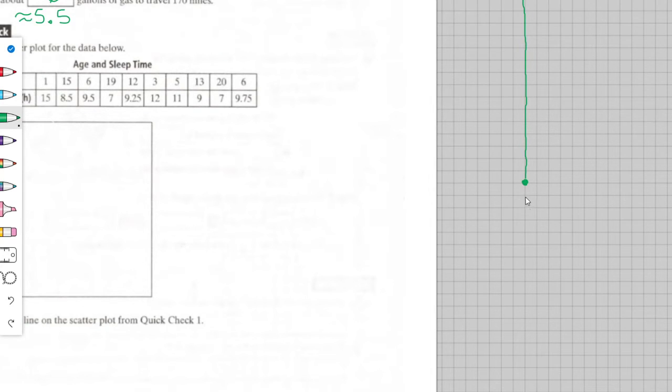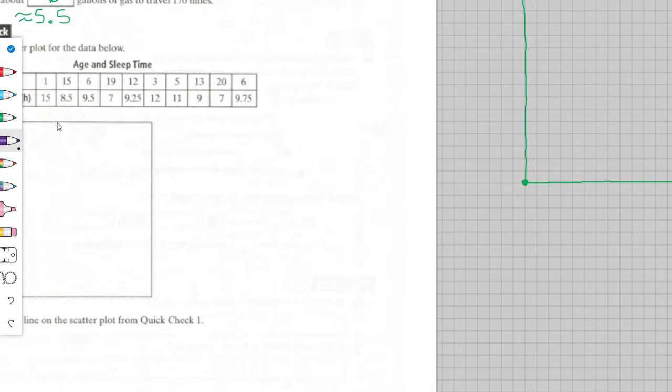And then our largest X is going to be 20, so we're going to go to 25.